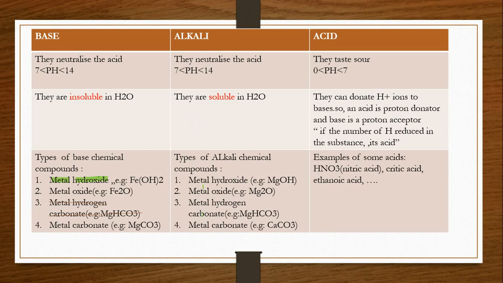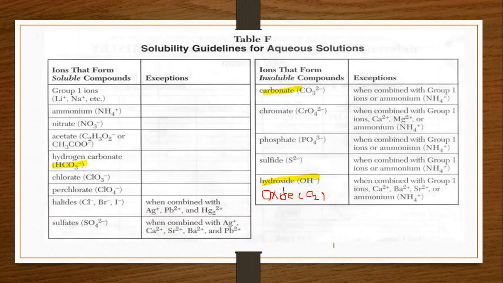In alkali, the same thing. We've got 4 chemical compounds: metal hydroxide, metal oxide, metal hydrogen carbonate, and metal carbonate. All of these could be alkali, but yet again we have to check the type of the metal and whether it follows the solubility guideline. So let's do this example, metal hydroxide, which is MgOH here. I refer to this table.